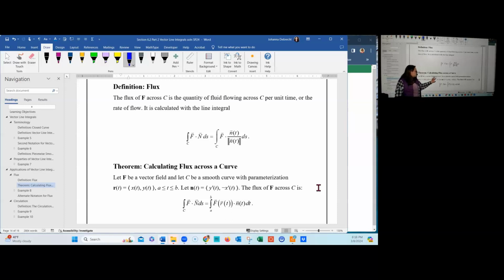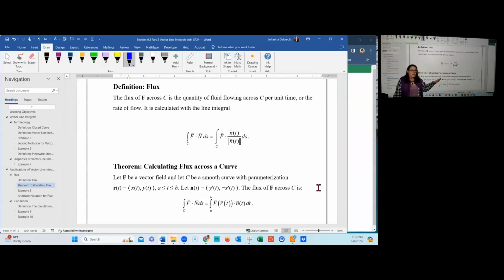Let f be a vector field and let C be a smooth curve with the parameterization x of t, y of t, where t varies from a to b. We're going to choose a normal vector to be y prime of t, comma, negative x prime of t.